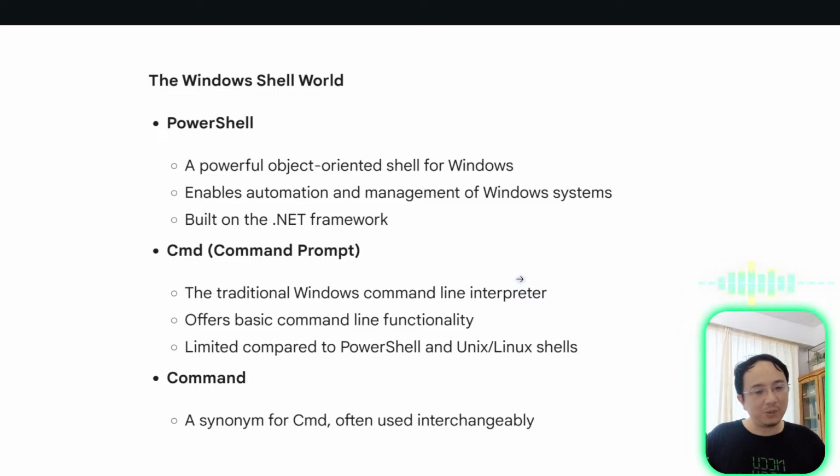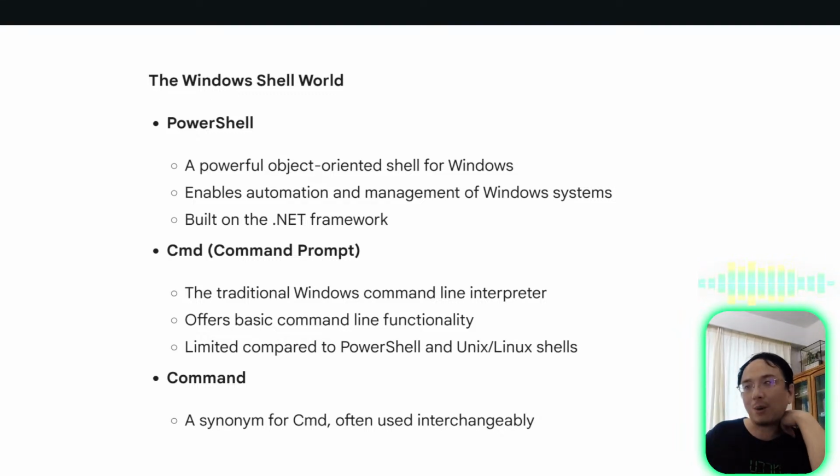Windows also has a good shell system called PowerShell, but it's kind of interesting. I believe at least one of the authors of PowerShell told the whole story about it several months ago, or one or two years ago. I forgot, but the story behind it is pretty interesting.